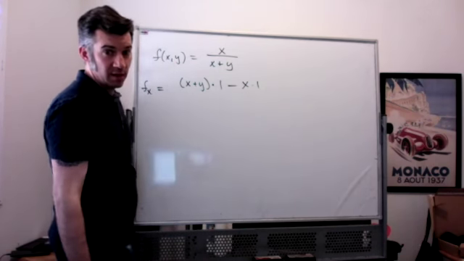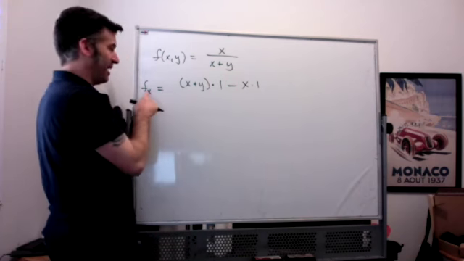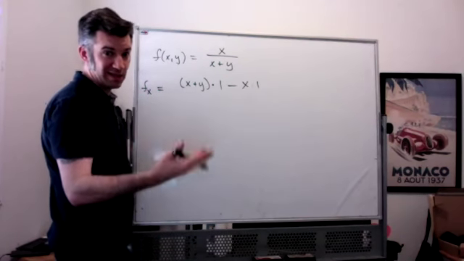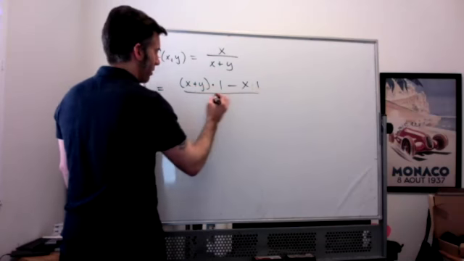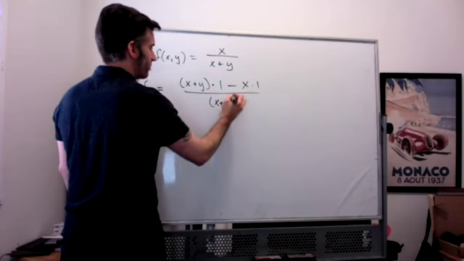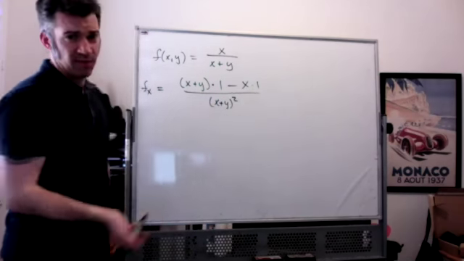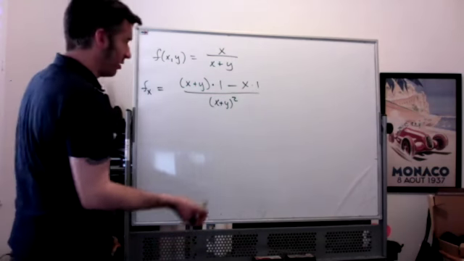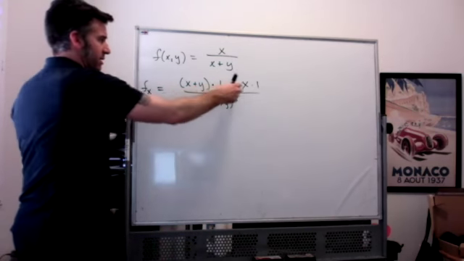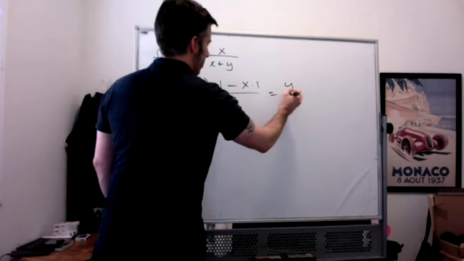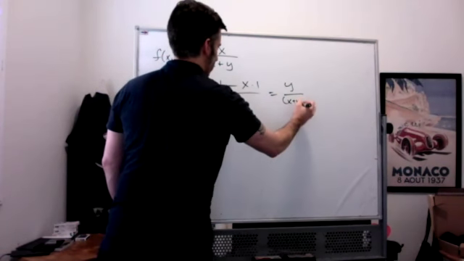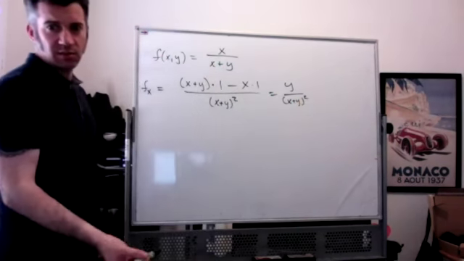The derivative of x plus y with respect to x is just 1 plus 0, over the bottom squared. Simplifying, because we are going to take a second derivative here, x plus y minus x is just y over (x plus y) squared. Okay, that doesn't seem too awful.